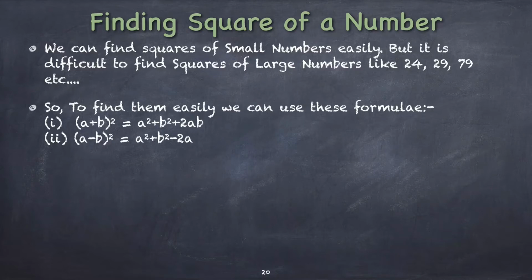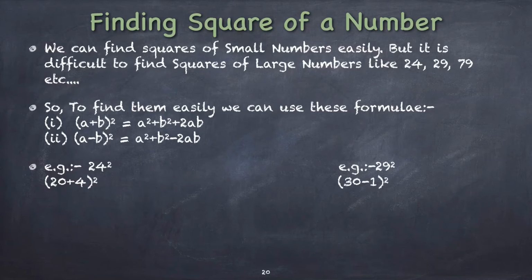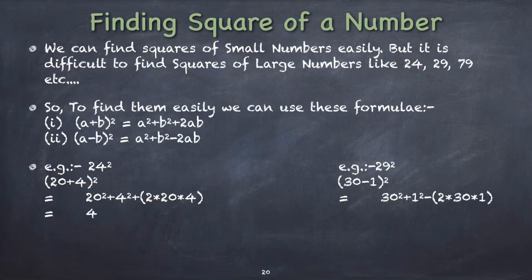For example, 24 square: 20 plus 4 whole square equals 20 square plus 4 square plus 2 times 20 times 4, equals 400 plus 16 plus 160, equals 576. For example, 29 square: 30 minus 1 whole square equals 30 square plus 1 square minus 2 times 30 times 1, equals 900 plus 1 minus 60, equals 841.